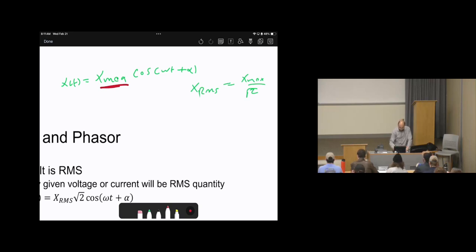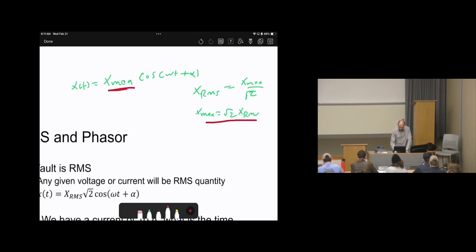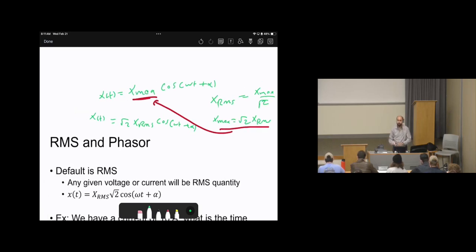Yes, we can, because x max is equal to square root of 2 times x RMS. So let's substitute this there. This yields square root of 2 times x RMS cosine omega t plus alpha. That's how we get this expression. So this expression can be written in two ways, in the RMS form or in the max form. And the only difference is the square root of 2. Okay?